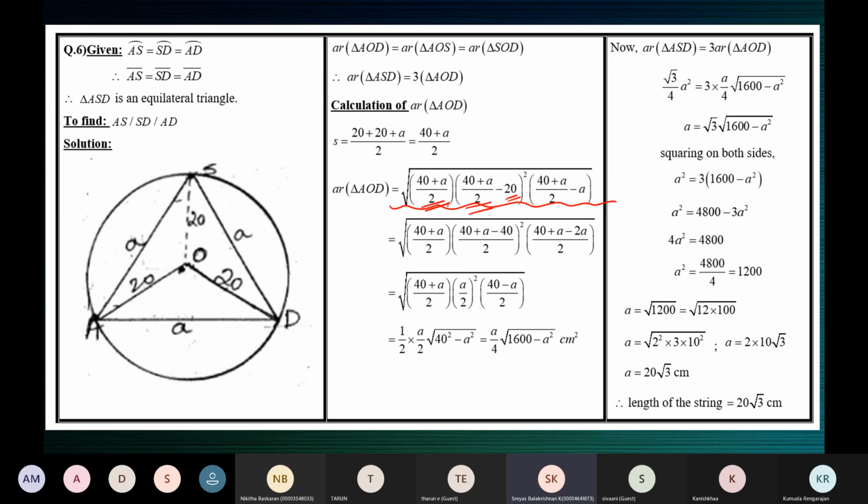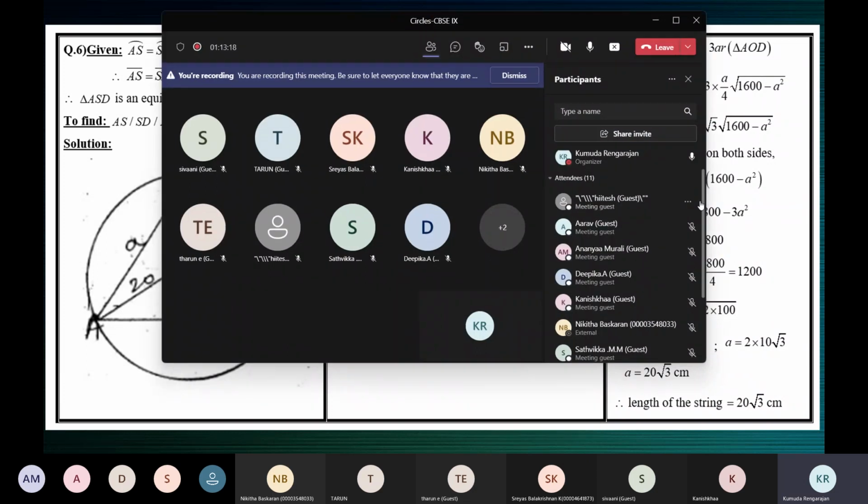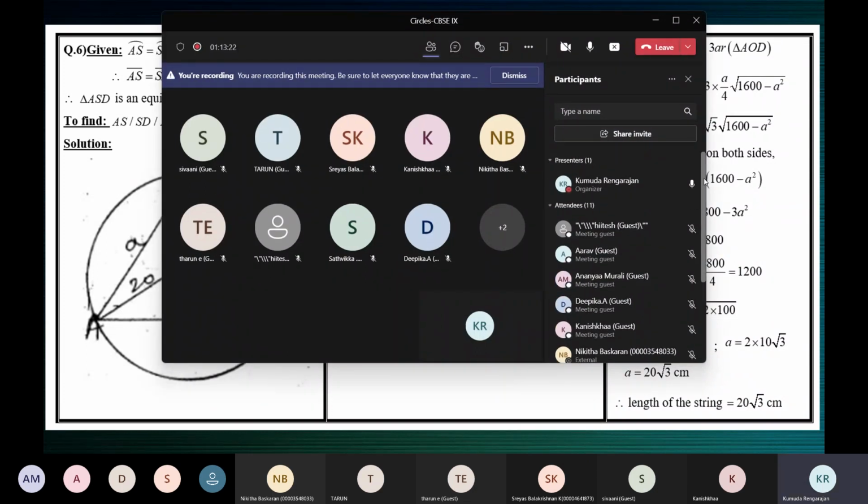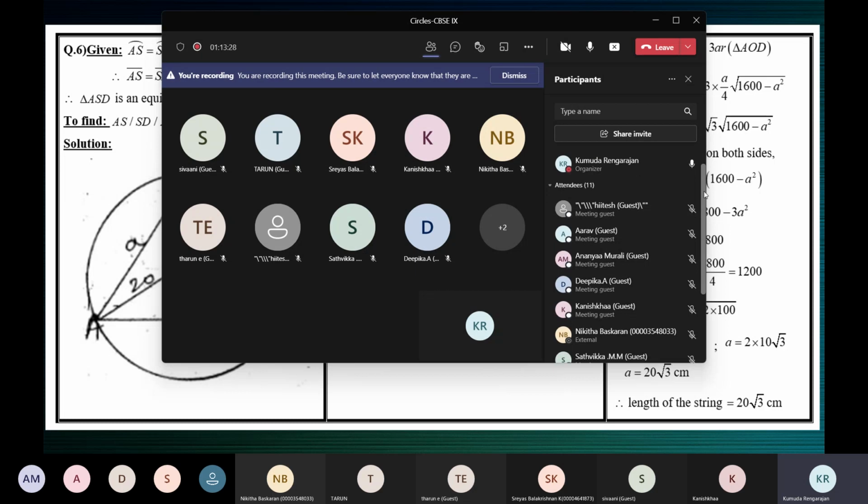Ma'am, understood. Yes, the others understood. Shreyas, Kanishka, Nikita, Satvika, Deepika, Hitesh. Hitesh, why suddenly you're active? I should say overactive. And suddenly you're underactive. What happens?